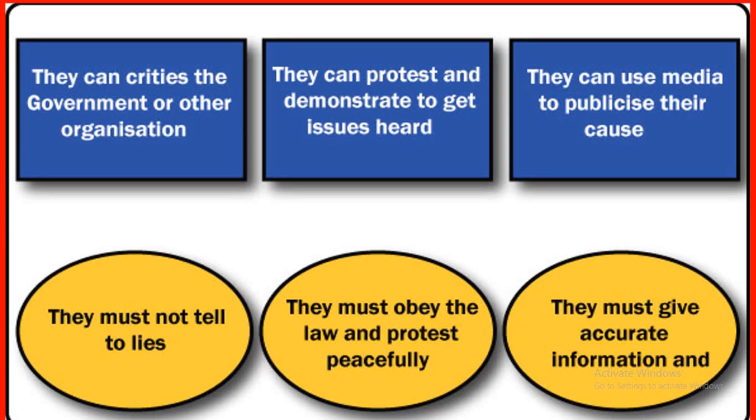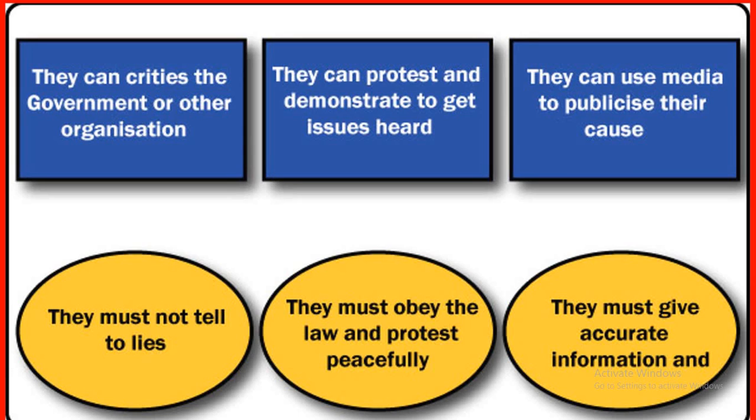They can also criticize the government or other organizations. They can protest and demonstrate to get issues heard. You know protest, isn't it? Procession. Or they can raise their voice against the government without harming or disturbing the society. They can also use media to publicize their cause.